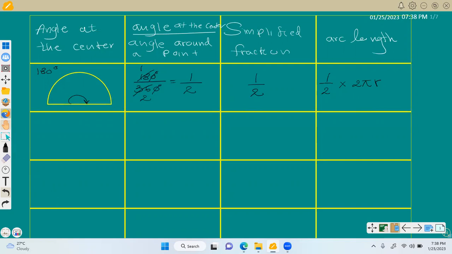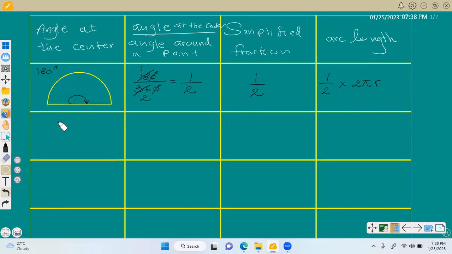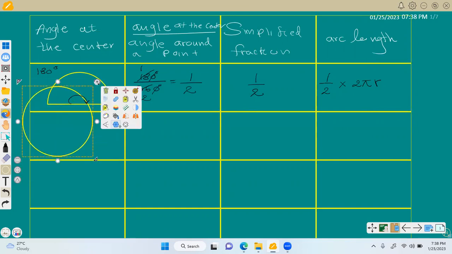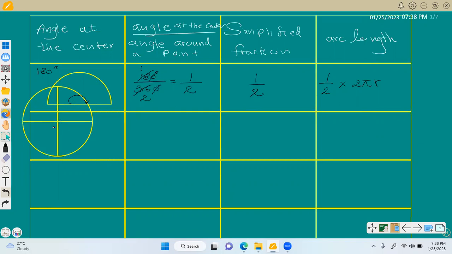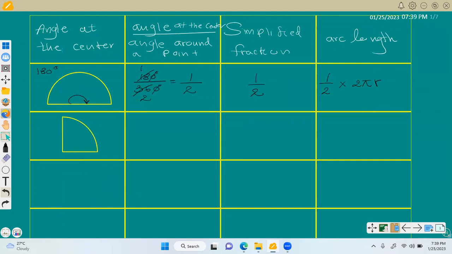Let's see. If it is 90 degrees, what happens? Then 90 upon 360.